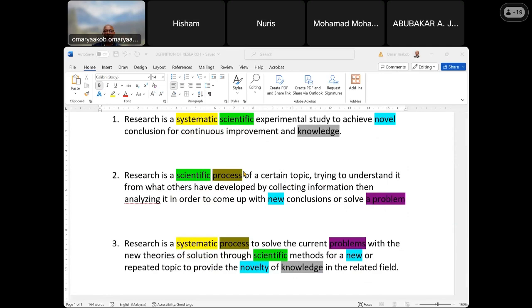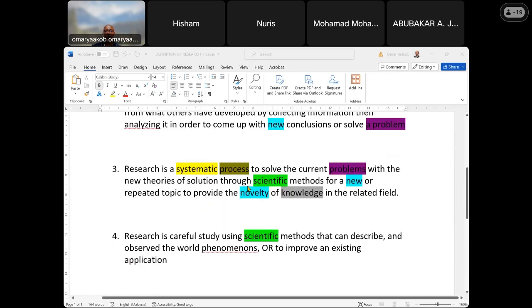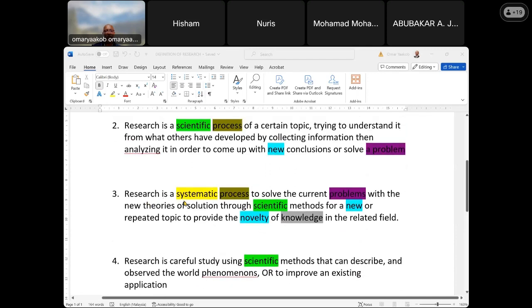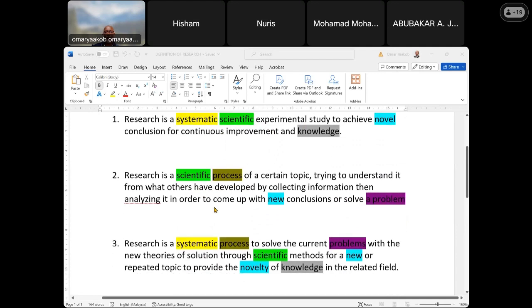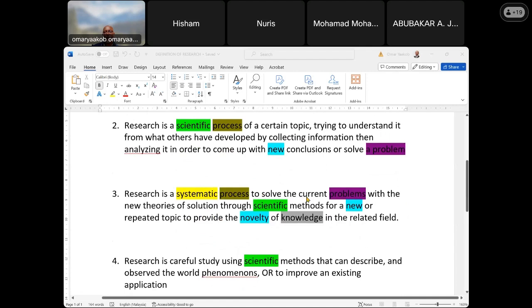So you see some similarities and differences between these two. Then the third one: research is systematic process to solve the current problem with the new theories of solution through scientific methods for a new and repeated topic to provide the novelty of knowledge in the related field.